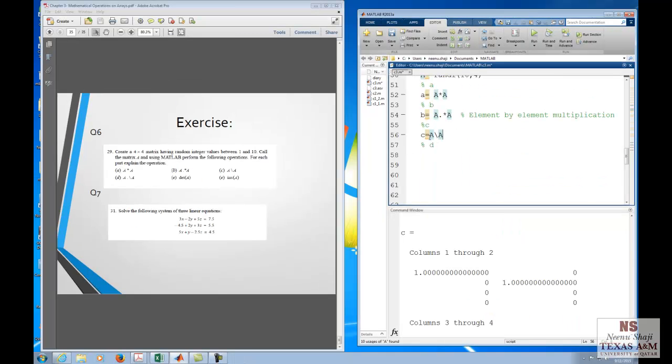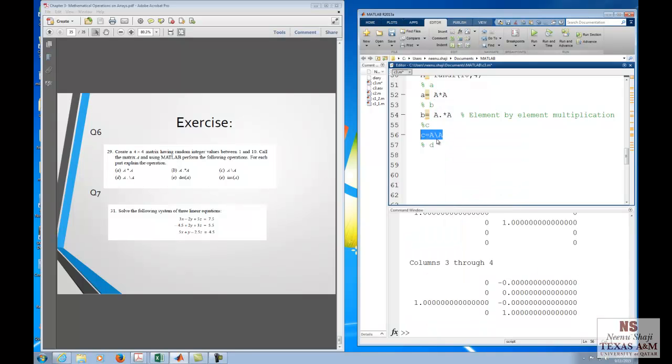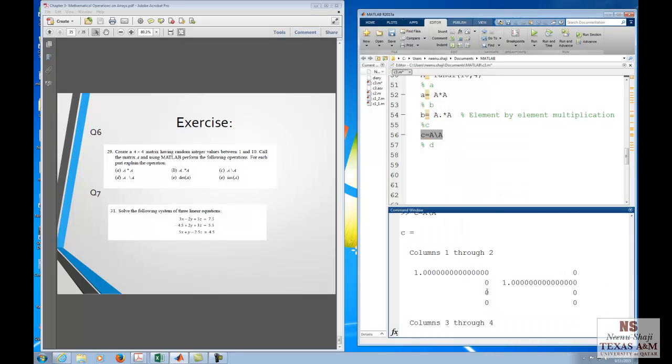Part C, A left division A. If we run this, we get the identity matrix of order 4.